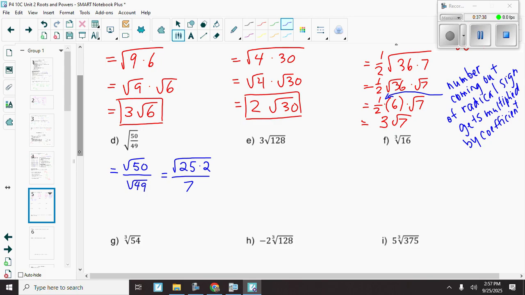Then here I'm still going to write the square root of 25 by itself times the square root of 2 over 7, and the square root of 25 is 5. That's what this one looks like right here: 5 times root 2 all over 7.